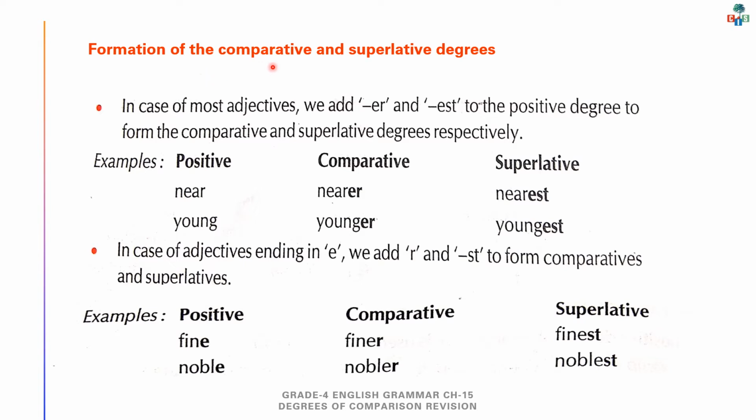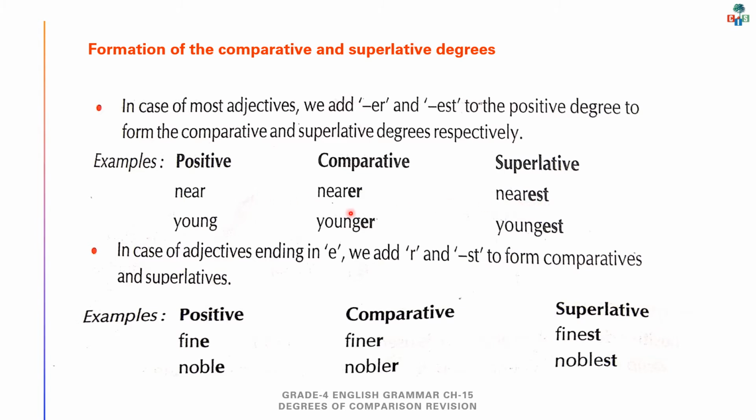Formation of the comparative and superlative degrees. Children, generally we add ER and EST to the positive degree to form the comparative and superlative degrees respectively. For example, near. This is in positive degree, and when we want to form the comparative degree, we just add ER: near, nearer, and for superlative degree, we add EST: nearest.